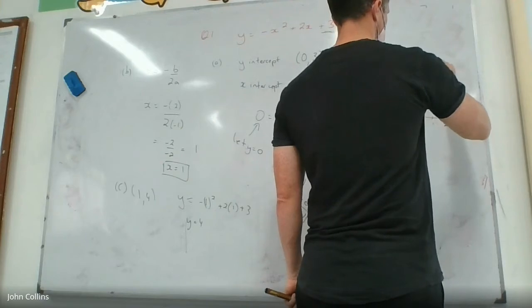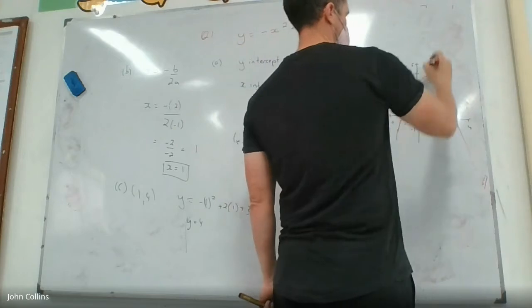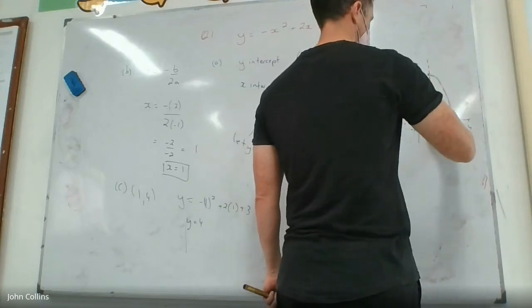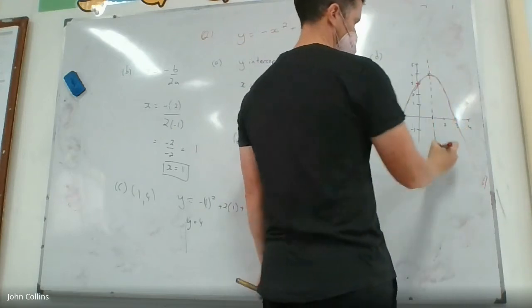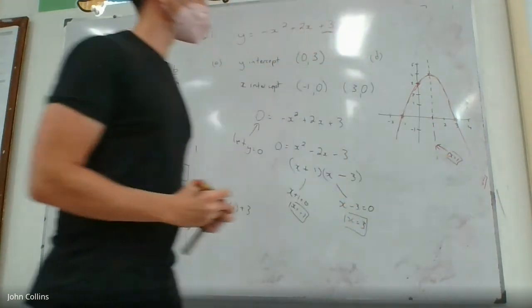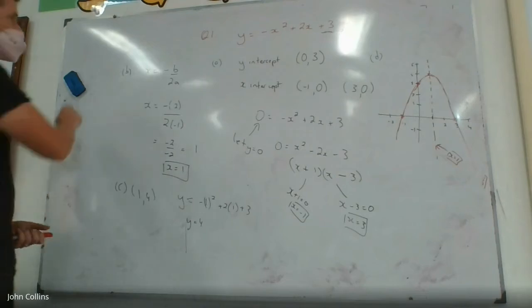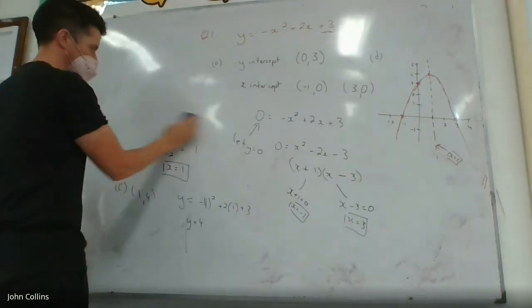So I know that that's the highest point and it should curve down like that. Axis of symmetry then I can put in afterwards, and x equal to 1. And that's my sketch. That's as much as you need. First stage. All right. That's question 1 then.